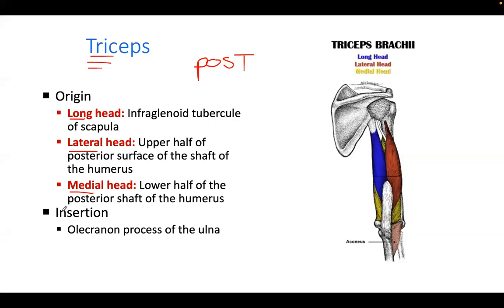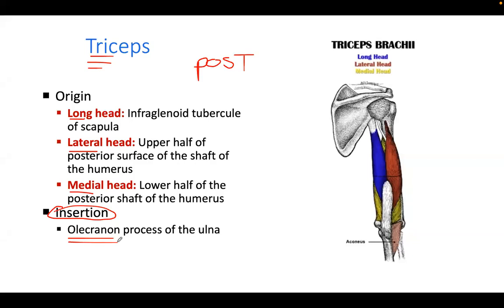Now, tip, it's not the origin that's going to come out. It is the insertion. Why? Three heads inserted into the same structure. Where are all three heads of the triceps inserted? Again, where are all three heads inserted? It's the olecranon process.